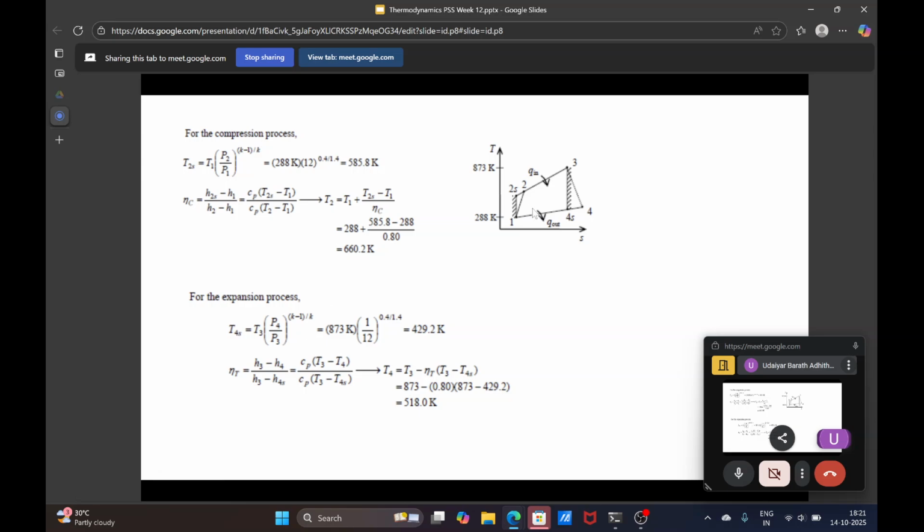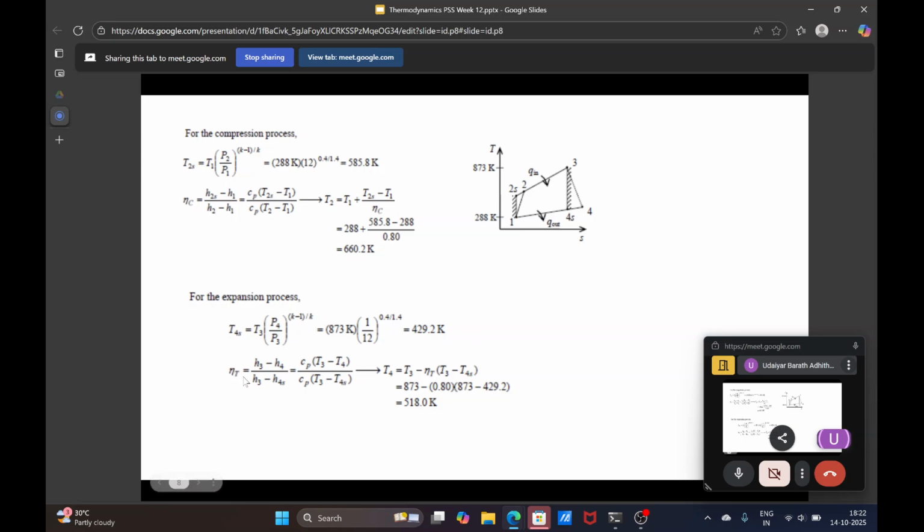The same process which we applied to the compression, we will apply to the expander as well. So we get T4s equals T3 into P4 by P3 raised to power gamma minus 1 by gamma. P4 by P3 is 1 by the pressure ratio, 1 by 12, and T3 is 600 plus 273, which is 873 Kelvin. Substituting, we get T4s to be 429.2 Kelvin.